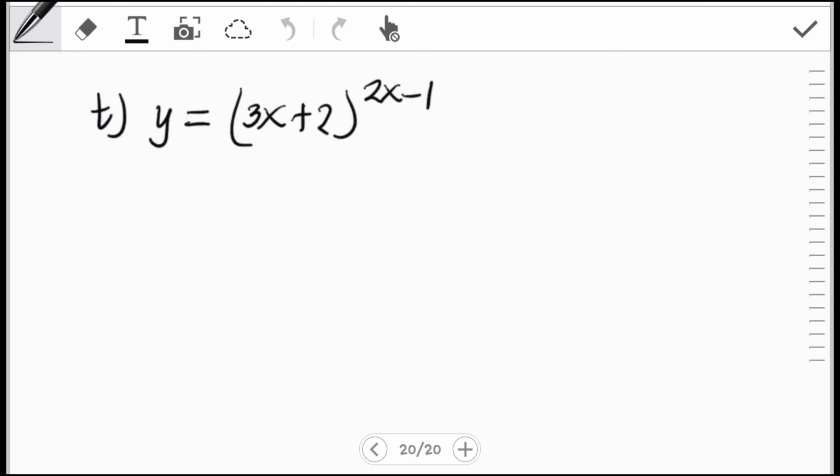Next, what is the first derivative of y is equal to the quantity 3x plus 2 to the power 2x minus 1? We rewrite again: e to the power ln of 3x plus 2 to the power 2x minus 1.